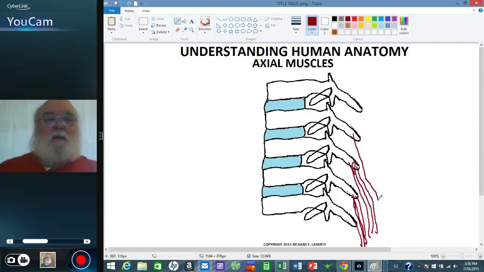Now, we're not going to name these muscles right now. We're just going to consider them as a group.